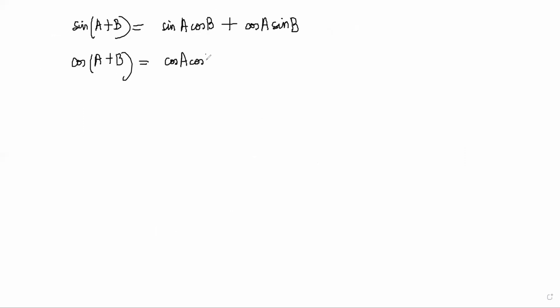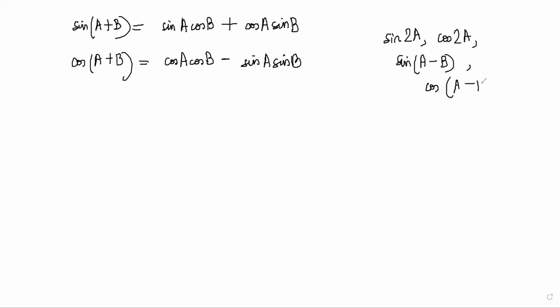You should yourself derive all of the formulas from this point. I will just list down what you need to get: sin 2A, cos 2A, sin A minus B, cos A minus B, sin 3A, cos 3A. These are basic ones that you need to get.